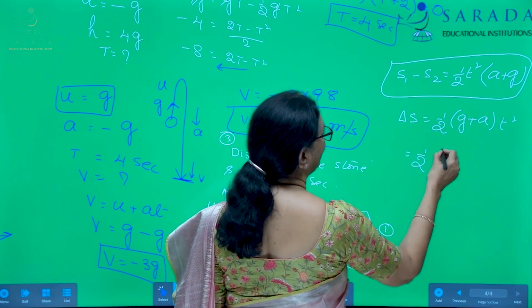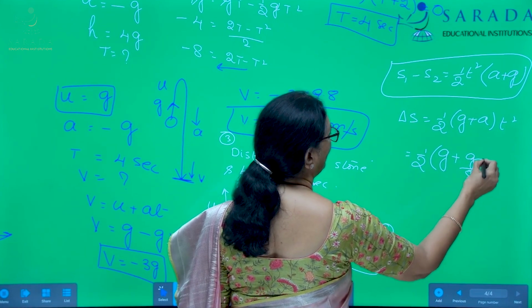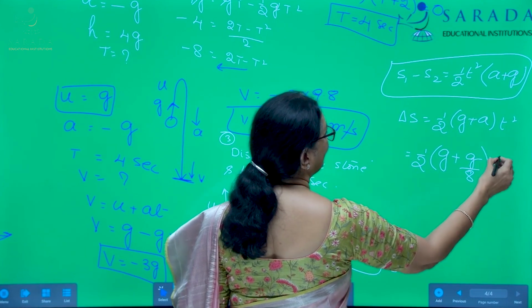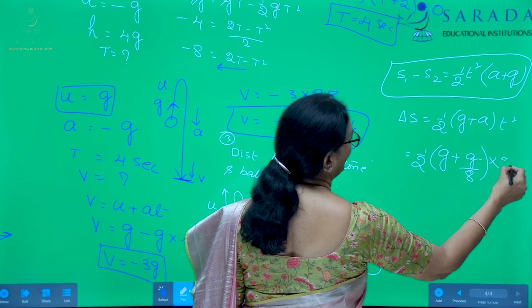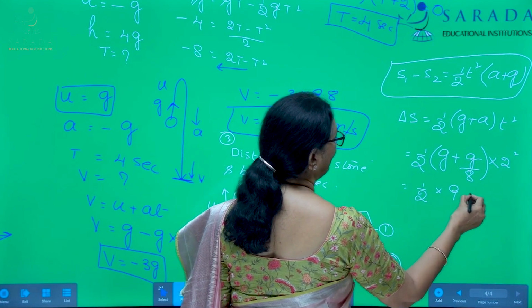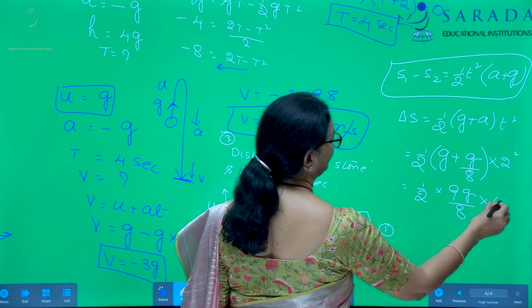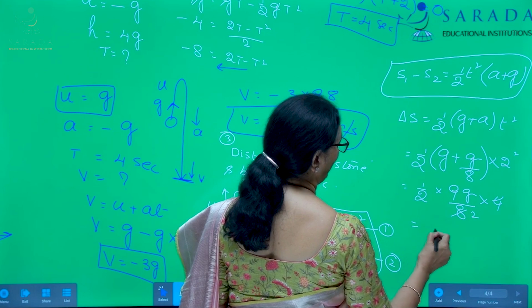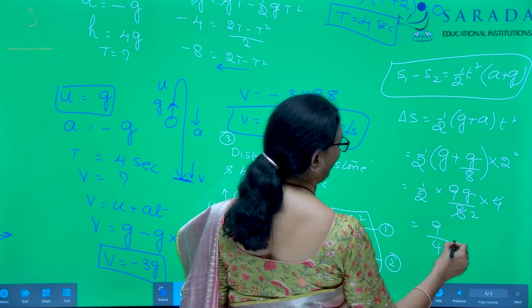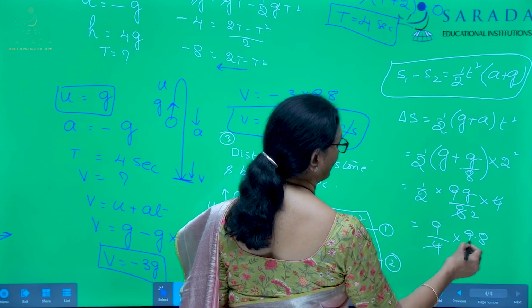So, half into g plus the acceleration of the balloon, g by 8, and t square is given as 2 square. So, half into 9g by 8 into 4. So, it is 9 by 4 into g, where g is 9.8.